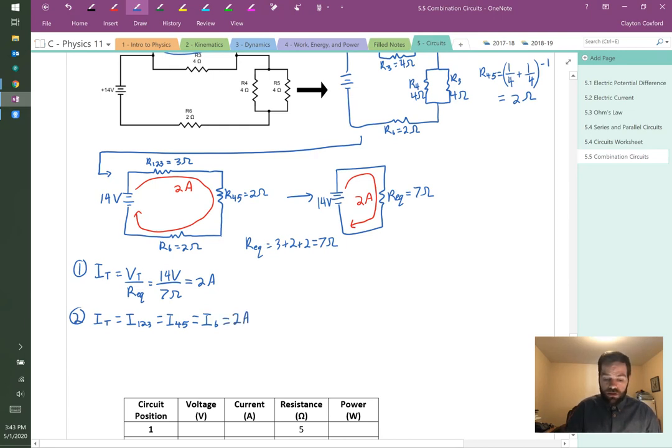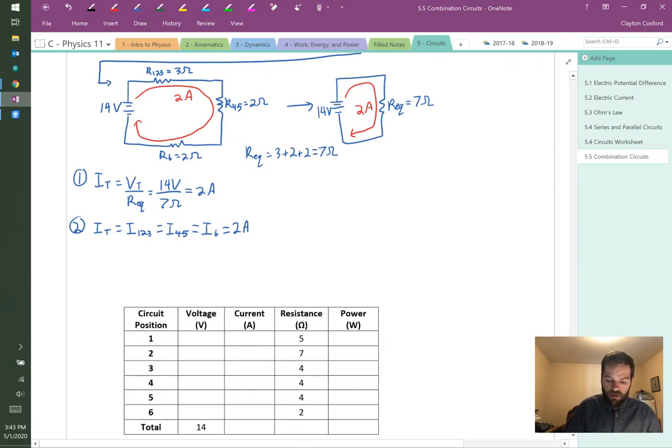So if we want to, we can say, okay, the total current is 2 amps, and the current through resistor 6 is 2 amps. So we can use Ohm's law to figure out the voltage through resistor 6. We'll do that a little later, but we're still a little stuck for resistors 1, 2, 3, 4, and 5 because we only know the current through the equivalent resistances for each of those.